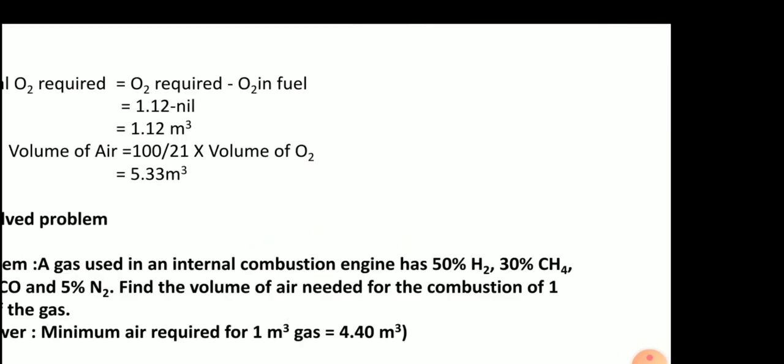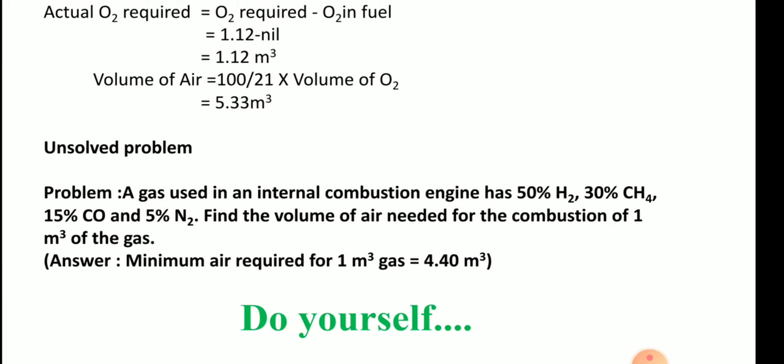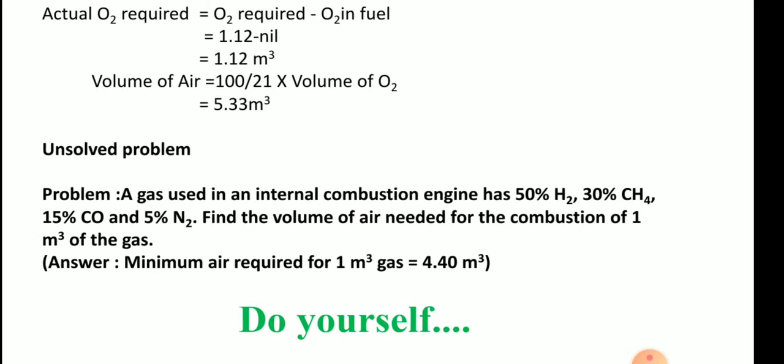Here an unsolved problem is given on the same concept. A gas used in an internal combustion engine has 50% hydrogen, methane 30%, 15% carbon monoxide, nitrogen 5%. Find the volume of air needed for combustion of 1 meter cube of gas. Here a hint is given. Let the assumed basis be 1 meter cube. Then make a table to express the fuel's components. After writing the components, make a new column for percentage.